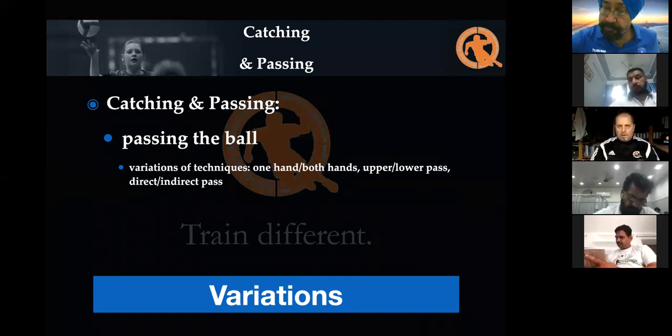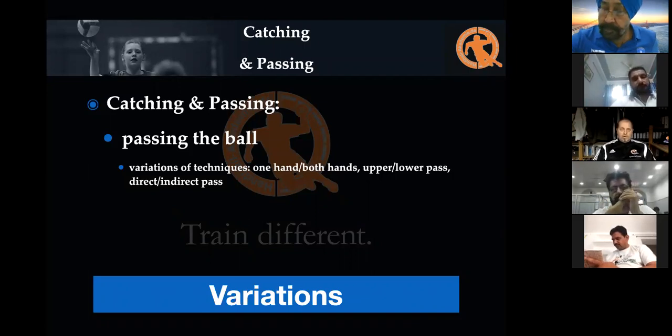So for instance, sometimes coaches say, this lower hand pass, we don't want it. I say, in certain situations, please use it. If you want to forward the ball very fast, tack, tack, you've got it, and immediately you give it, no problem, to use that lower hand pass.